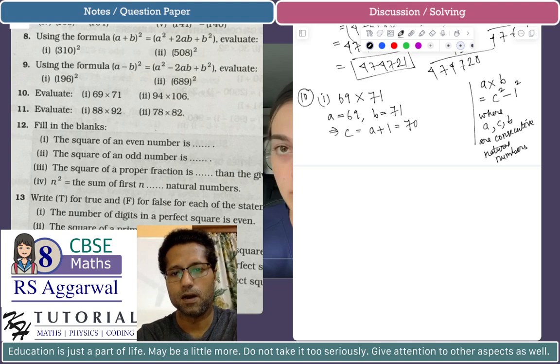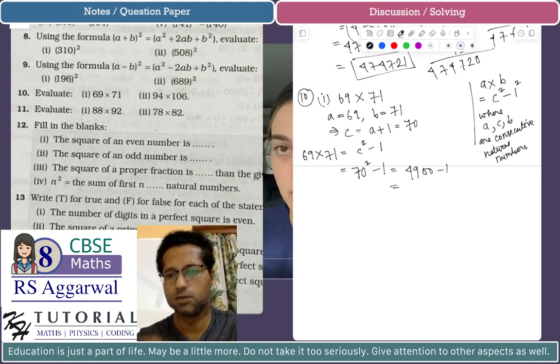So 69 multiplied by 71 will be equal to C square minus 1, that is 70 square minus 1, that is 4900 minus 1, which is 4899.